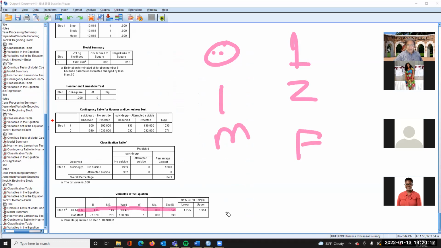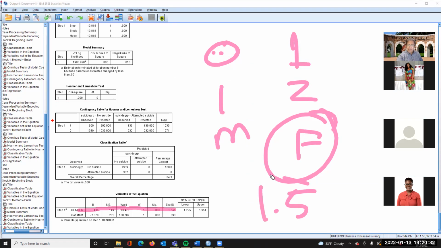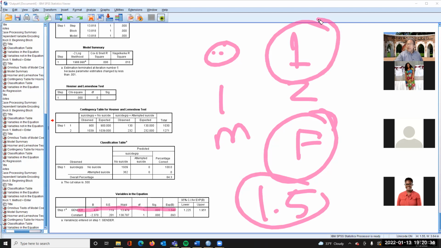So what this is saying is this: female, since this is 1, female compared to male is about 1.5 times more likely to attempt suicide.